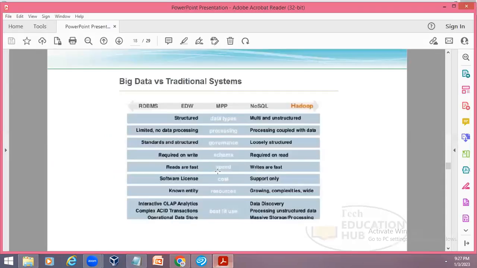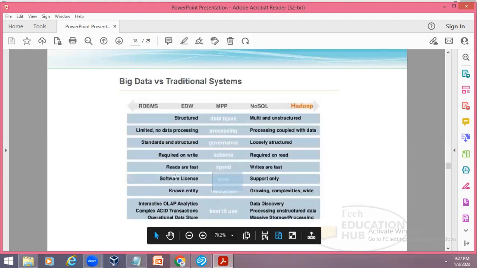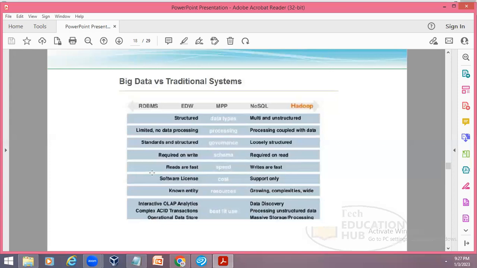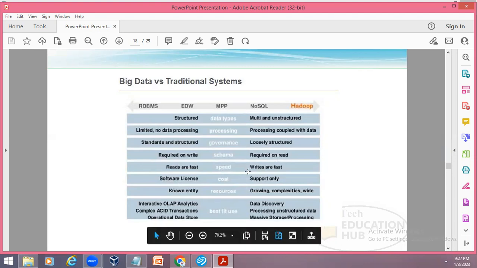Good. Fine. Now going to the next, cost. So obviously the RDBMS system is pretty costly. You have to buy or purchase the license, right? So whenever you want to change or upgrade your system, you have to bear a lot of cost. But when it comes to the Hadoop system, it's freeware software.